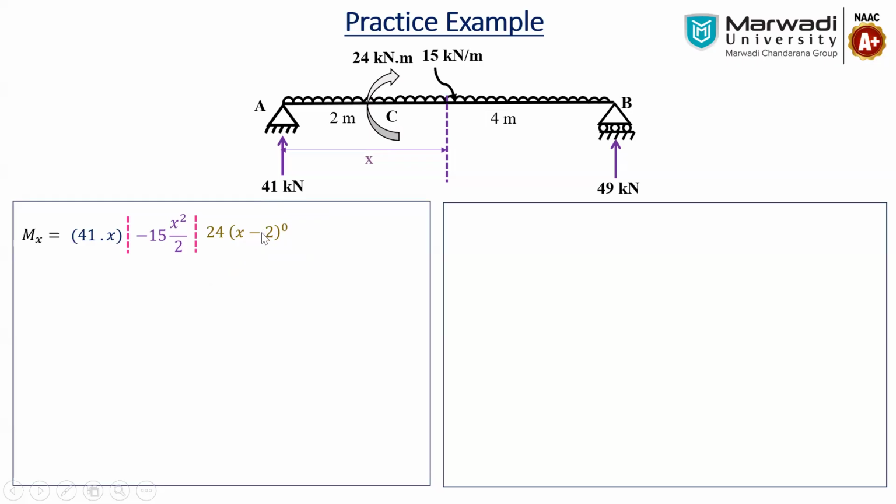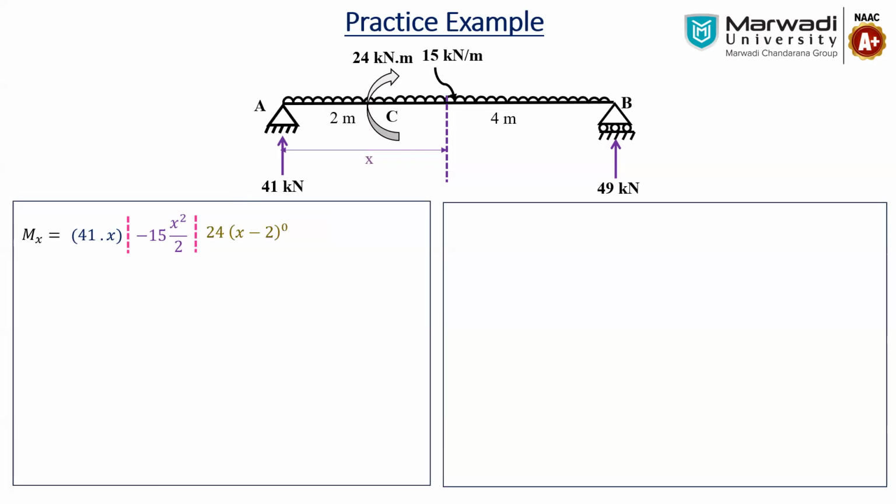But what is the significance of this term? Whenever we are going to do the integration, it becomes x minus 2 raised to 1. Then another time it will give x minus 2 raised to 2 by 2. So it will show the location at which the moment is placed. That will be considered while finding the slope or deflection at particular points.